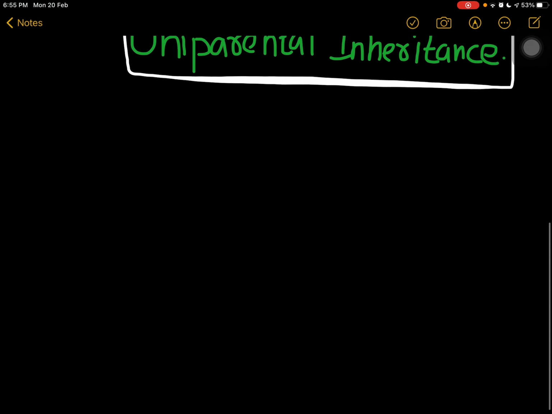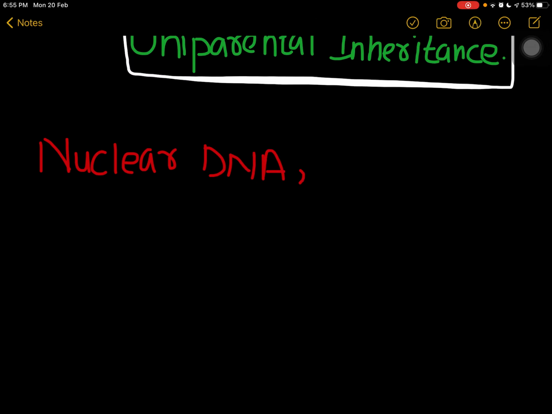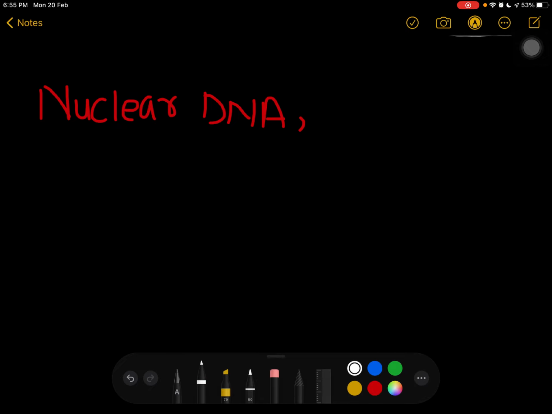Basically in our nuclear DNA, for example, take an example of a nuclear DNA, right? Consider this is a gene. It's also a gene.